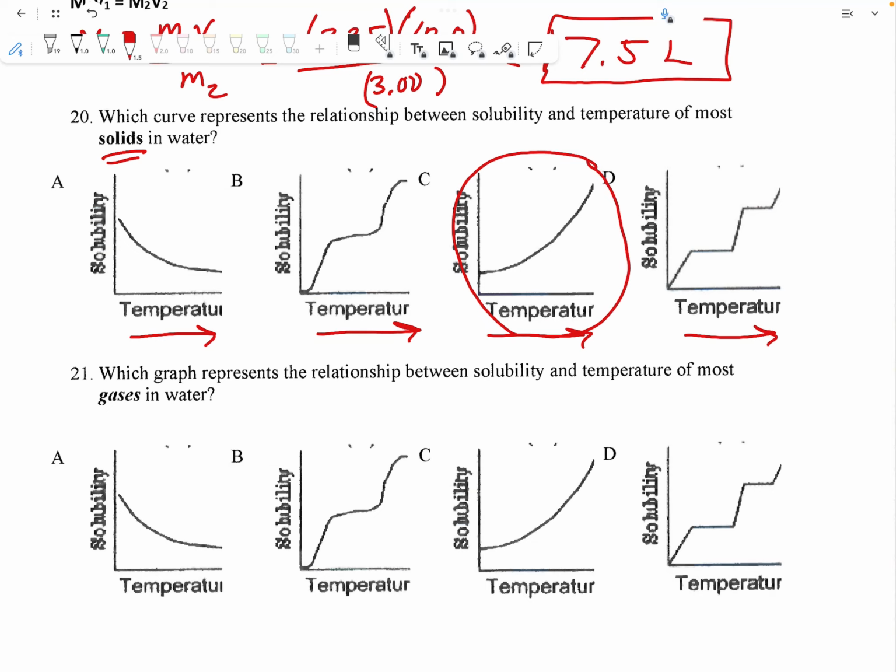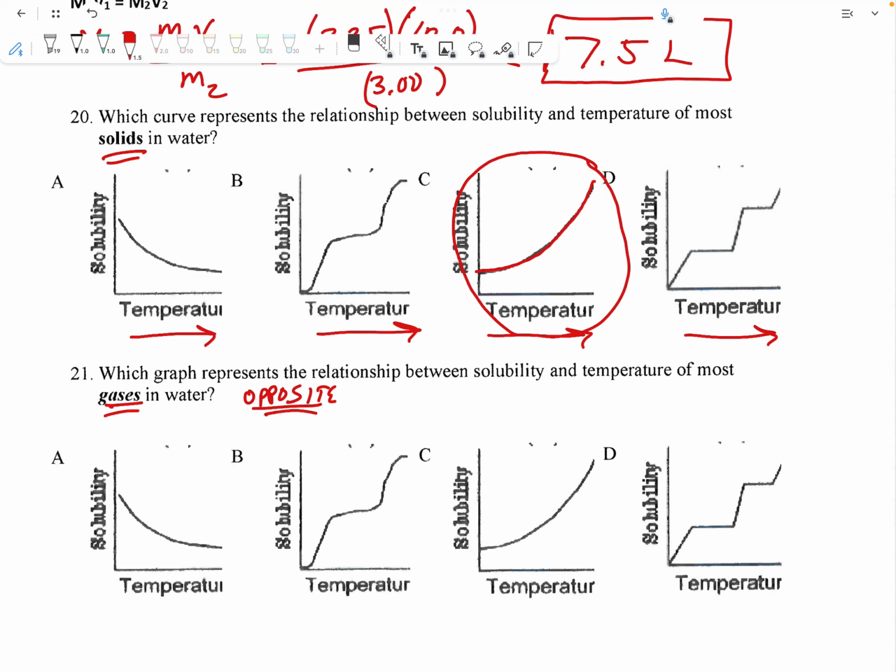All right? That's easy. Temperature increases, solubility increases.